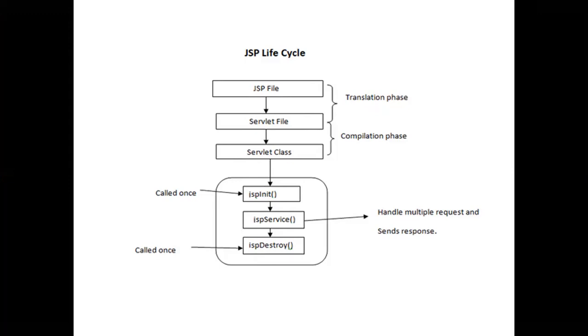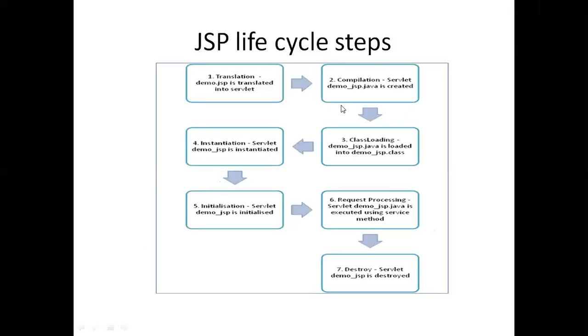If you recollect, what did we study under the servlet life cycle? What are the three methods available? We have the init method, service method, and the destroy method. So you have the JSP init, the JSP service, and the JSP destroy. These are the three methods which run inside your container. This is how the entire flow happens.